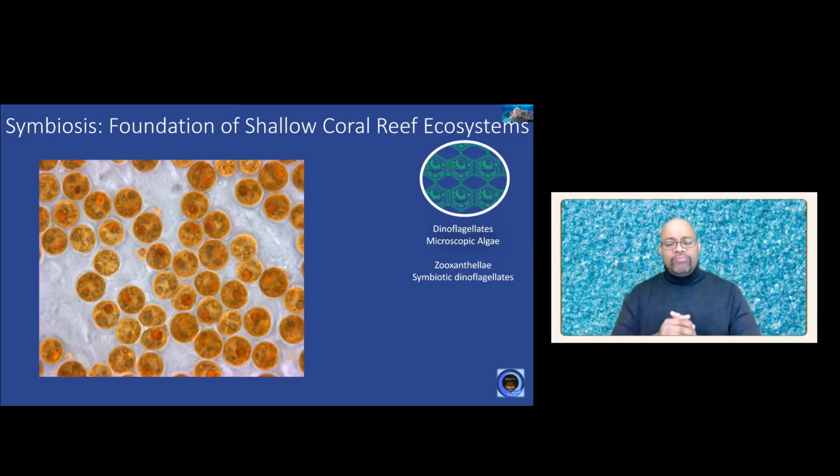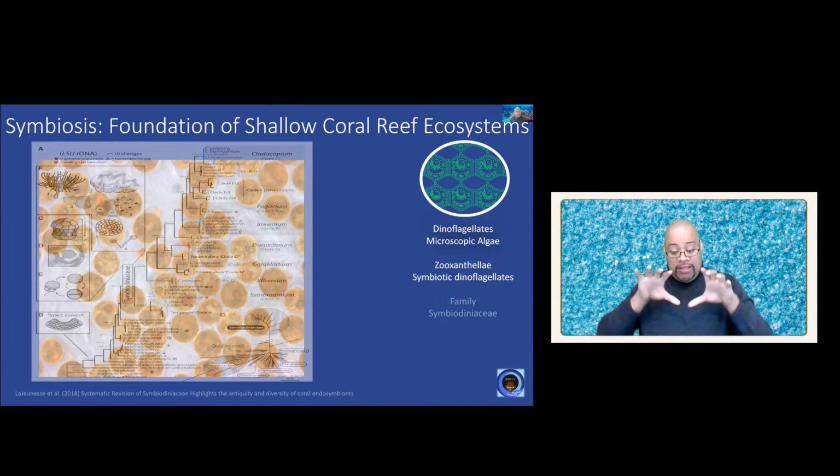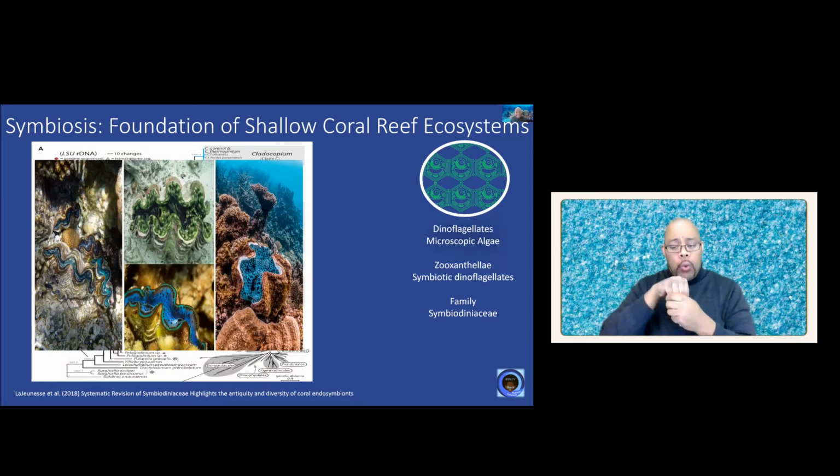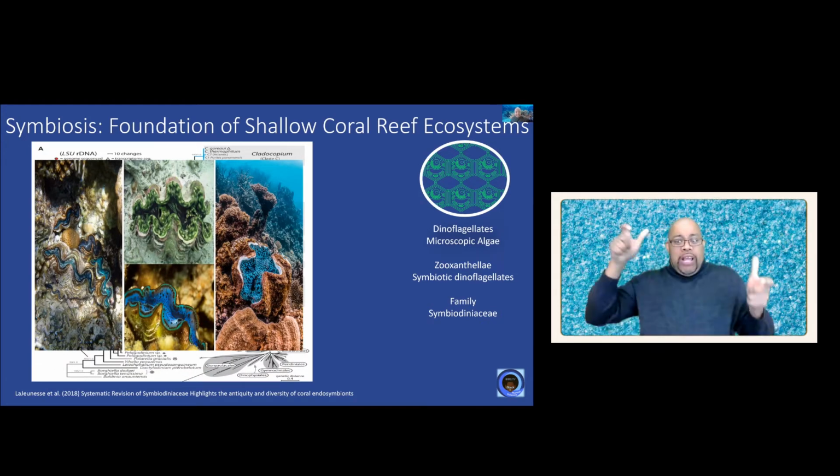And interestingly, the family of symbionts called Symbiodinaceae, which are a type of zooxanthellae that form a symbiotic relationship with corals, also form a symbiotic relationship with other phyla, including mollusca, which in this case are the vibrant and beautiful giant clams found in the Pacific.